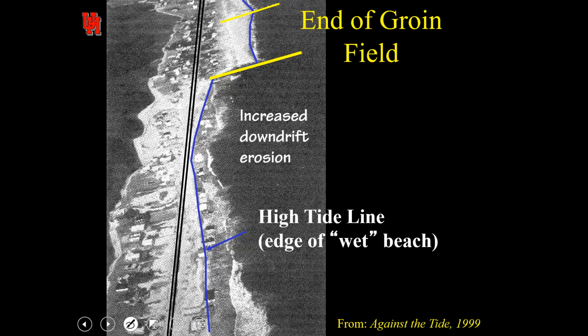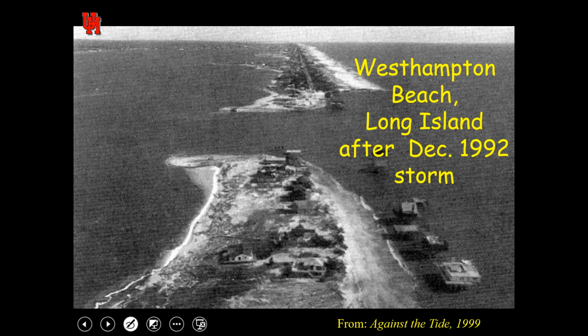Okay, it's significantly narrowed in this here. So we've got increased downdrift erosion because you're at the downdrift end of a groin field, and we see that the island itself has significantly narrowed. So what happens? Another storm comes and you actually cut the island in two.